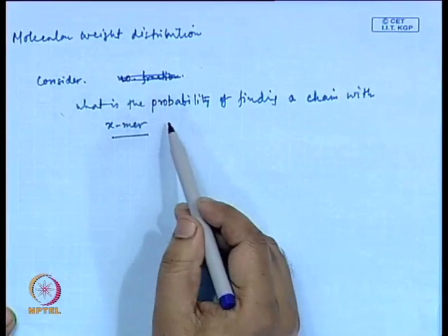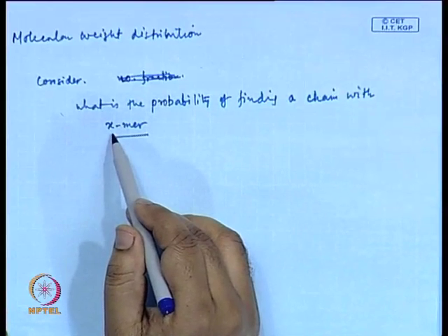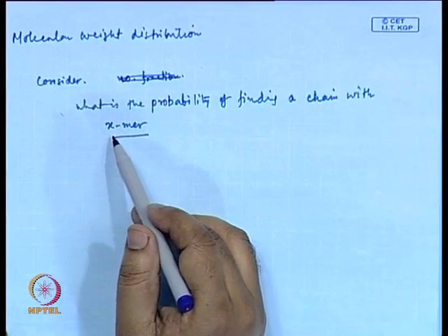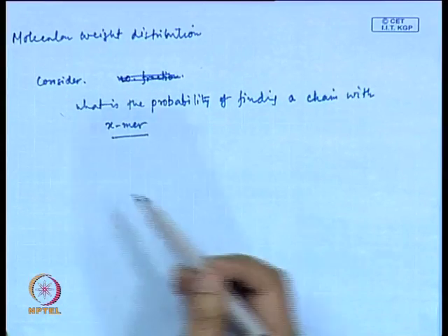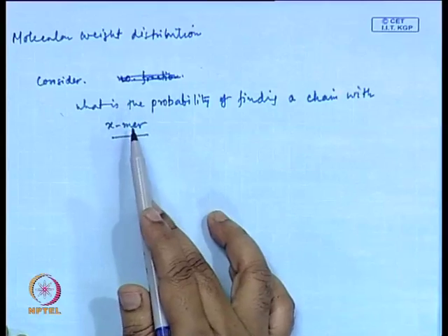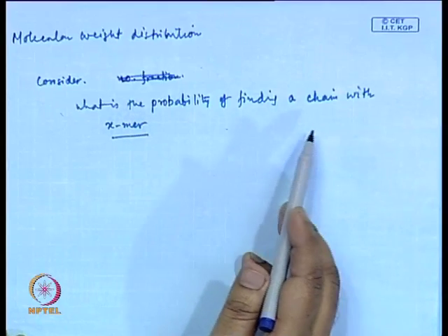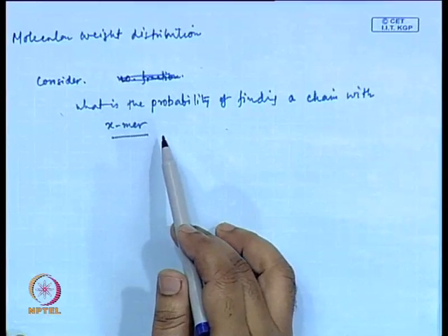If we can find the probability for all values of x, then we can surely get the distribution. So, to generalize, let us try to find out the probability of finding a chain in the reaction medium with x-mer.